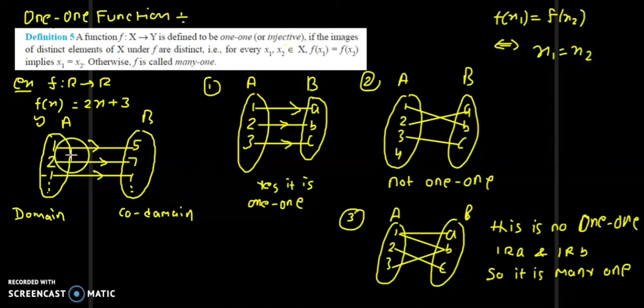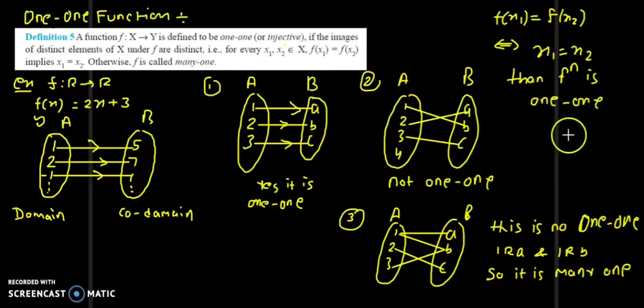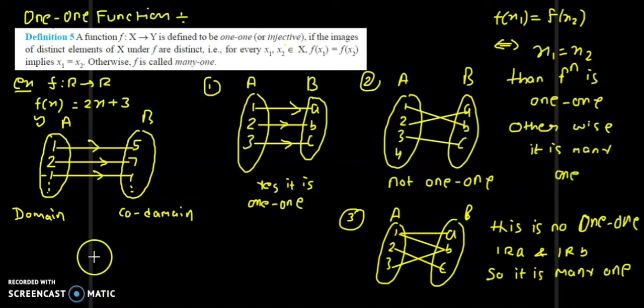If f of x1 equal to f of x2 gives x1 equal to x2, then the function is one-one. This is the method to solve it. Otherwise it is many-one, if not having unique image. Okay, write down till here everyone.